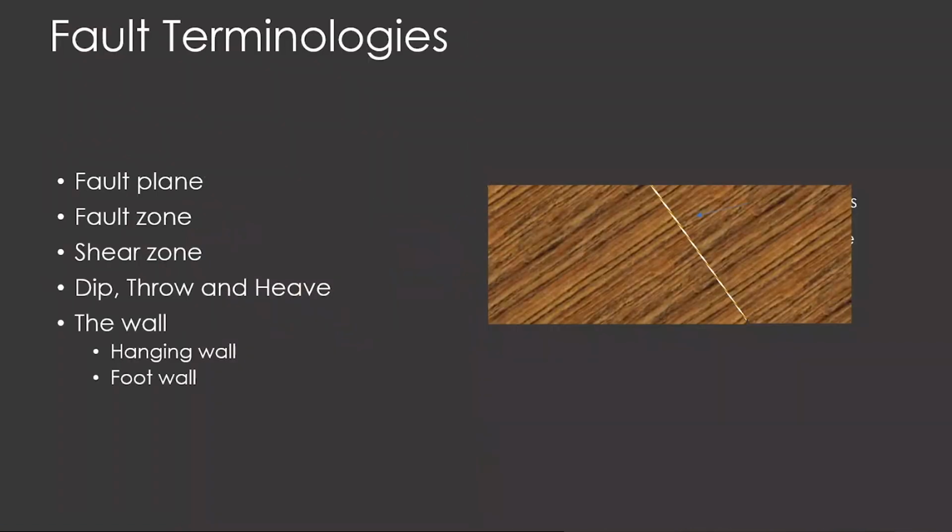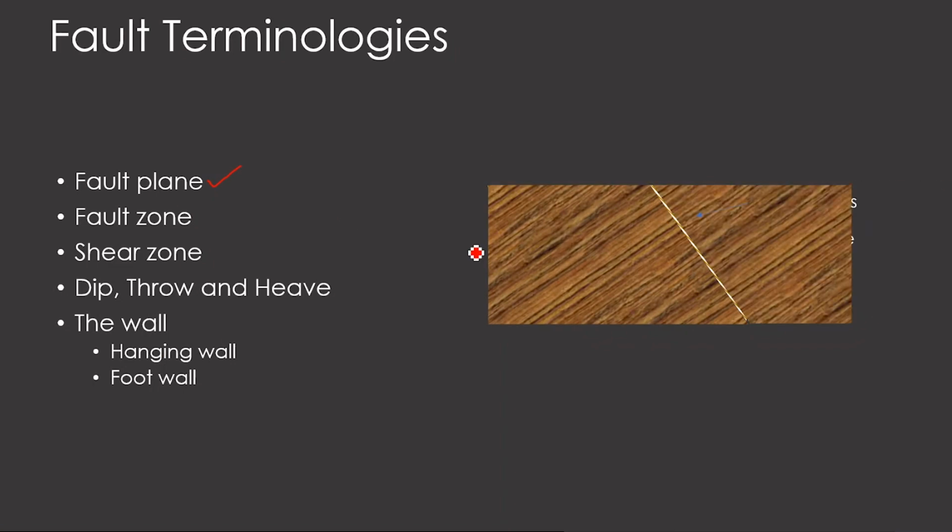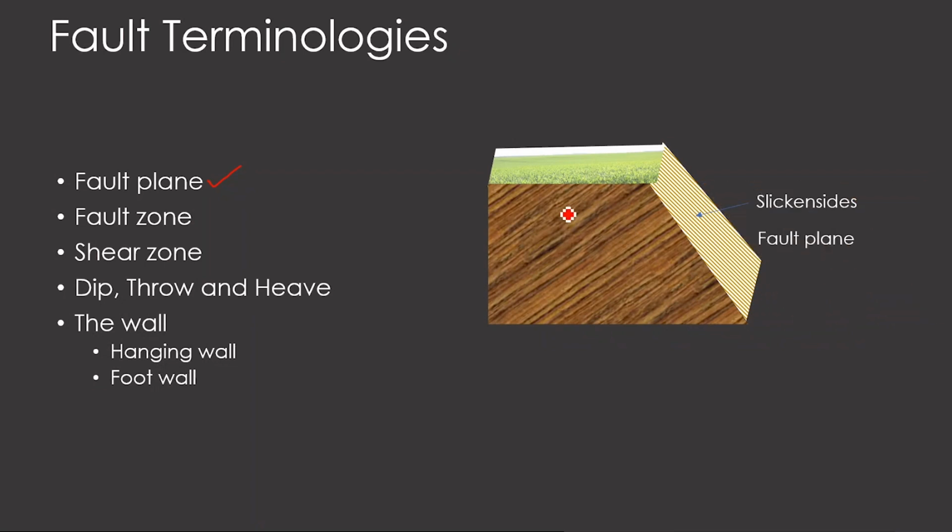When you are talking about a fault, there are different terminologies associated with it. The first one is the fault plane. Before, we saw the cross-sectional view, but if you see it in a three-dimensional view, what we see here is a surface.